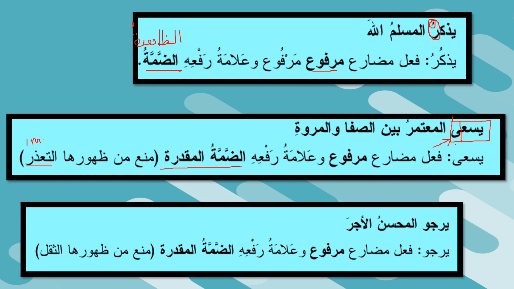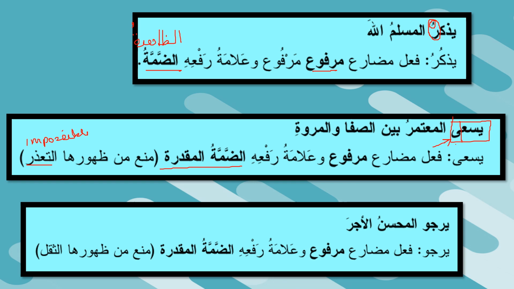Because the weak letter alif maqsura is a letter that cannot accept a haraka over it. As I always describe this letter, it has a bad temper. It will not accept any haraka over it in any case, in any position, at any time.